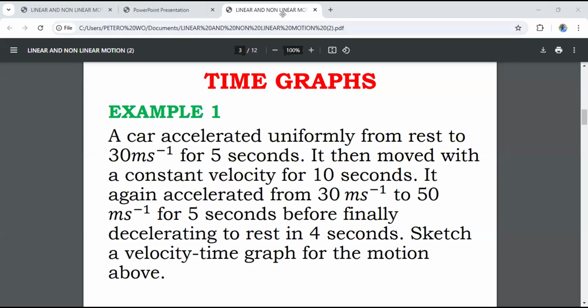So I want us to see if the ones that we have are the same as the one I'm going to draw here. We are going to draw it together.